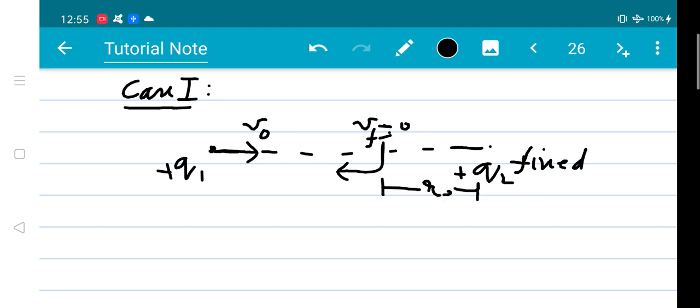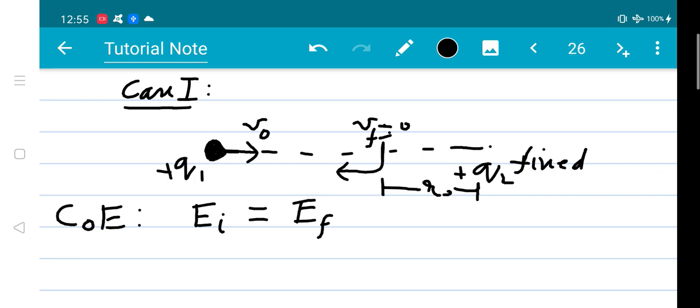Now applying conservation of energy, initial energy equals the final energy. The initial energy is the energy of Q1 when it was at this point. At this point, all the energy that it has is only the kinetic energy, so that will be half m V0 square. At the point where V becomes 0, the kinetic energy of particle Q1 also becomes 0.